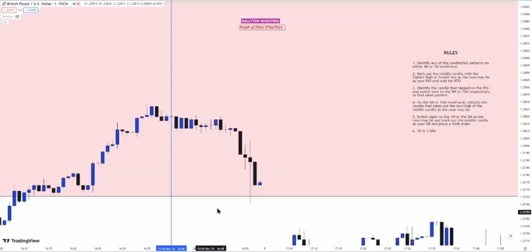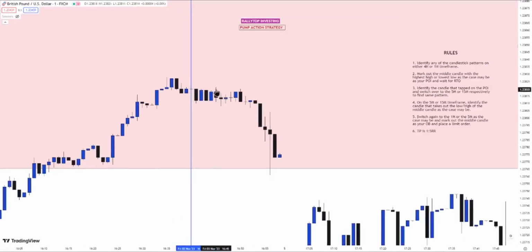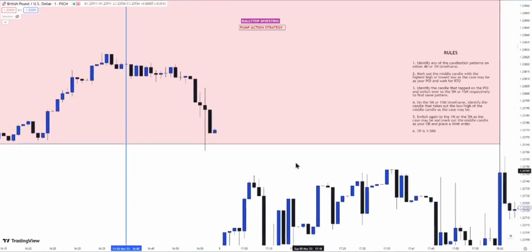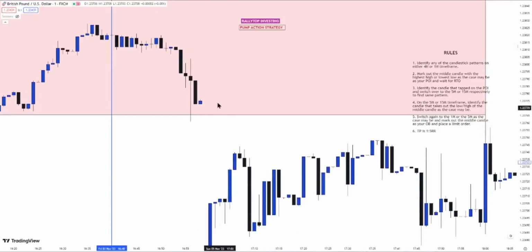Okay, so we can start from here. This is a high. No, this one didn't print a higher low. It printed a lower low. So it's not valid. Then we move to this one. This one too printed a lower low. It's not valid. Okay, so we continue to look for the one that is valid until price taps into this.